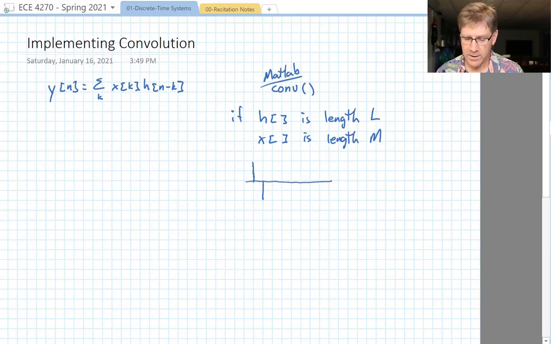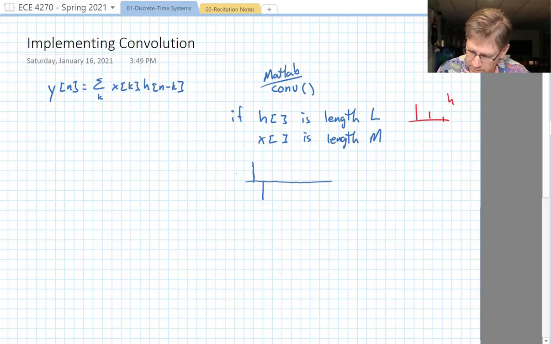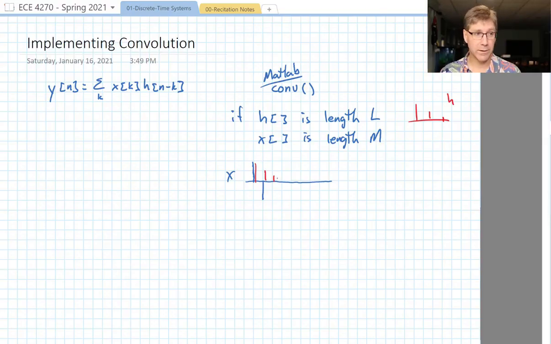So if h is length 3, and over here we have x, when we convolve them, the first one will, in a sense, think of it as ringing a bell. It will ring the bell and that bell will ring.